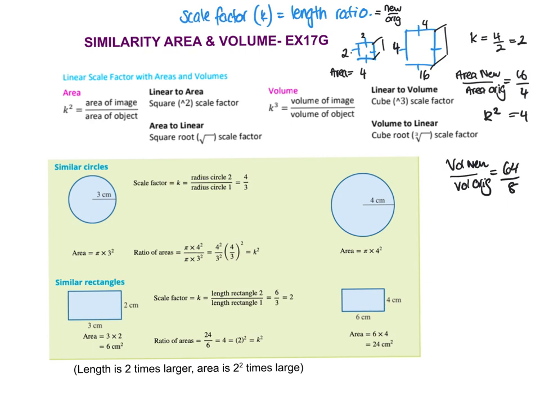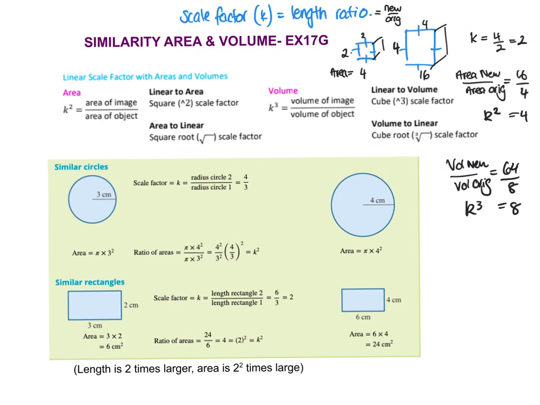So if you do that, you see 8. So the volume is actually the length ratio, or K, cubed. That's what we need to remember when we compare, because they're going to ask us to compare. So we first find the length ratio, and then we square it if we want area, or cube it if we want volume.